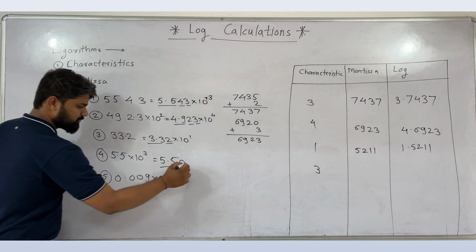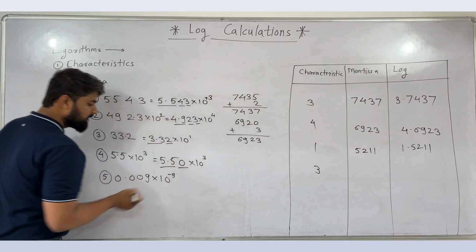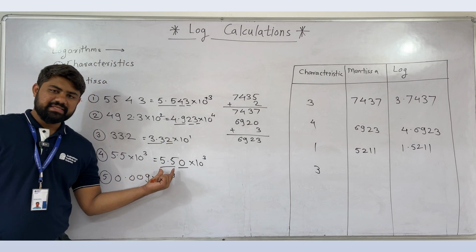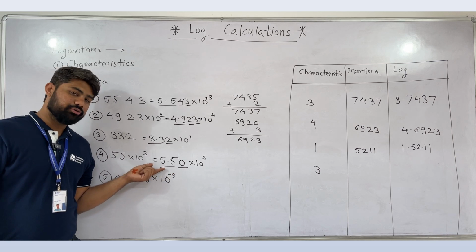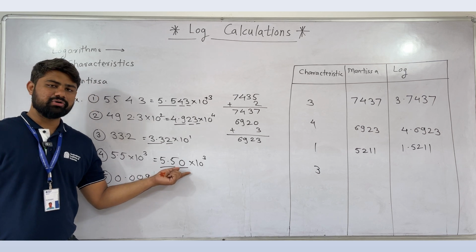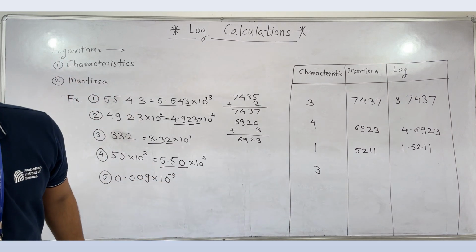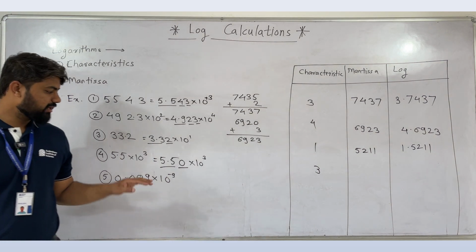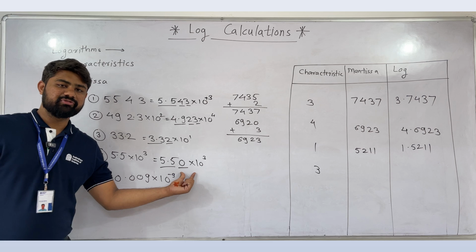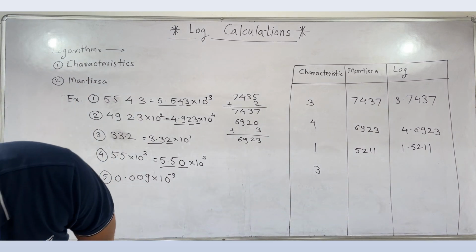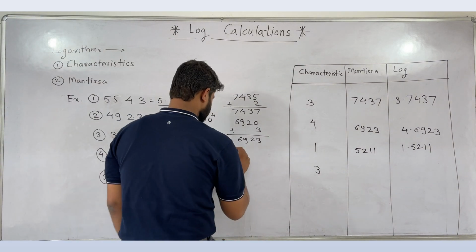Now into 10 raised to 3 was there, my bad. Now we have to see the first column, find 55, then take the row of 55 and find the column of 0. We will find 7404.